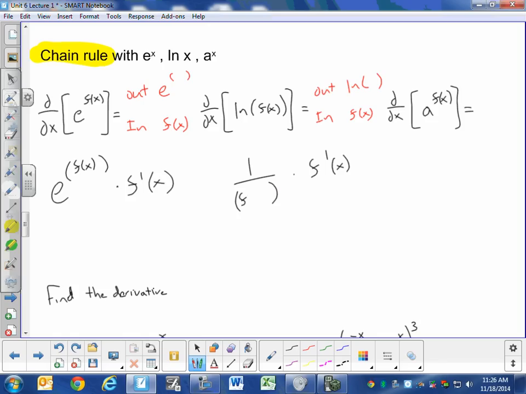So, derivative of the log of a function is 1 over the function times the derivative of the function. And a to the x is similar to e. It would be a to the f of x, just with an included log base e of a times f prime of x.